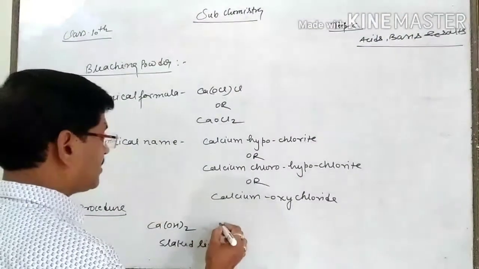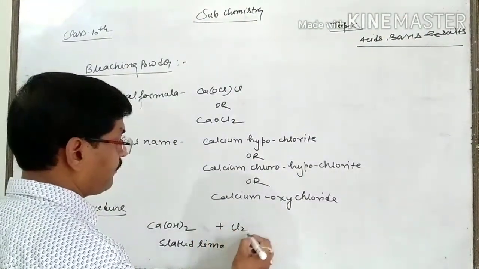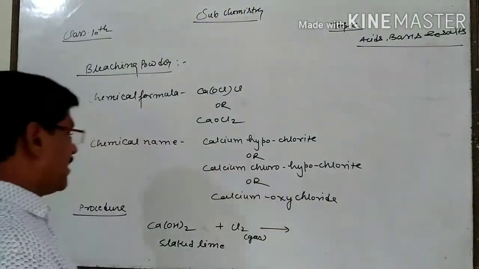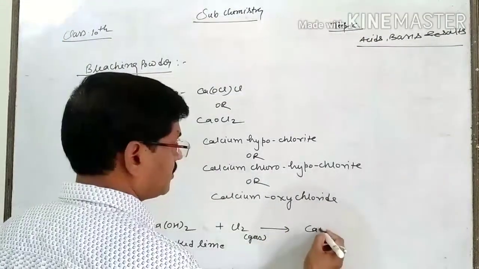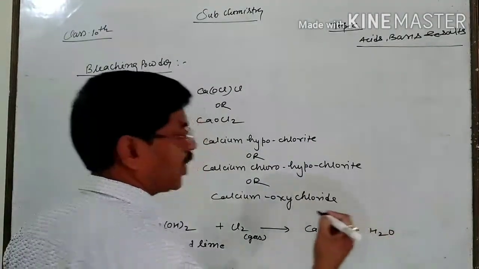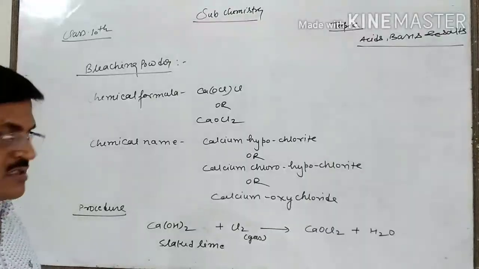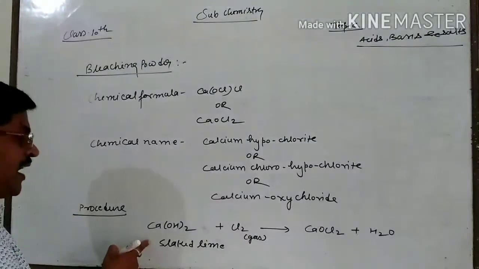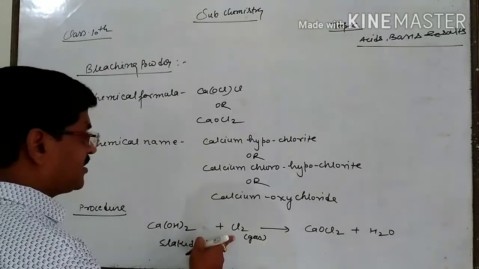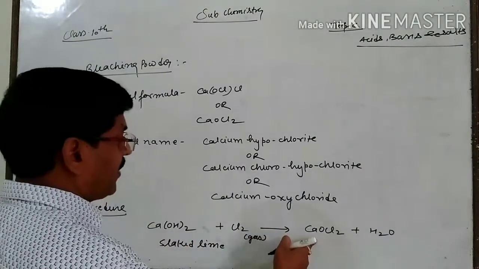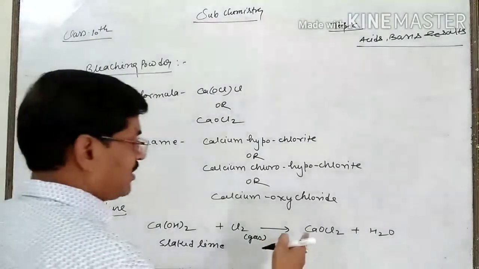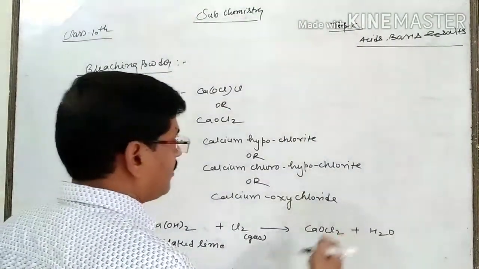After that you have to pass chlorine gas, and it will give CaOCl2 plus water. Check the reaction: slaked lime, Ca(OH)2, you pass chlorine gas, and in the product you obtain CaOCl2, commonly known as bleaching powder, and water.